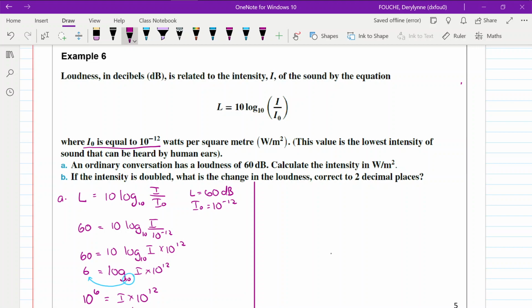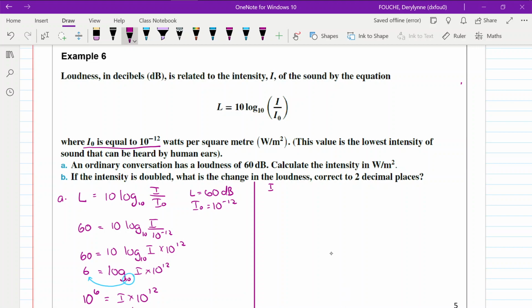If the intensity is doubled, what is the change in the loudness correct to 2 decimal places? Now, they've given us a value, okay, but they don't necessarily have to. And I want to show you why they don't necessarily have to.